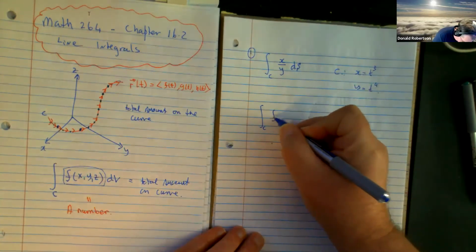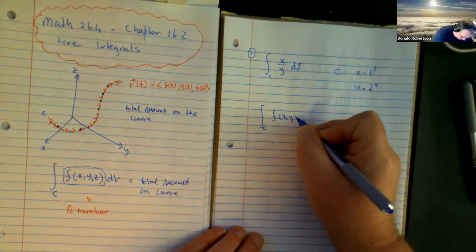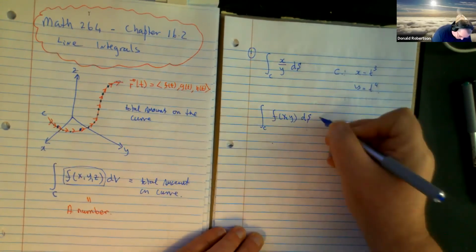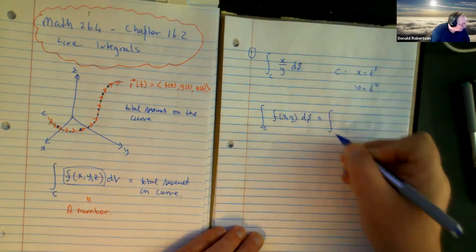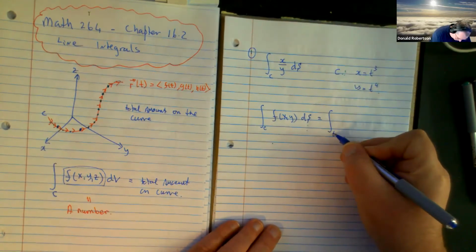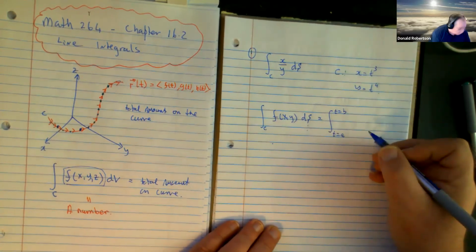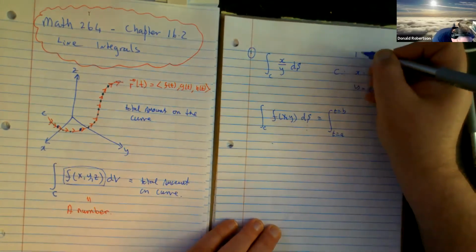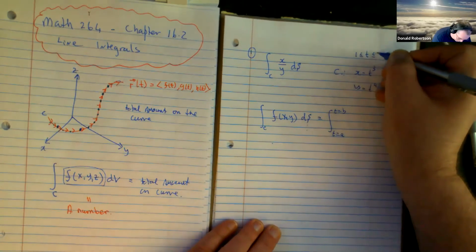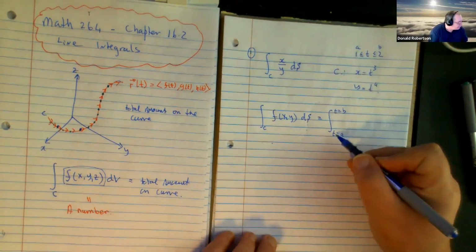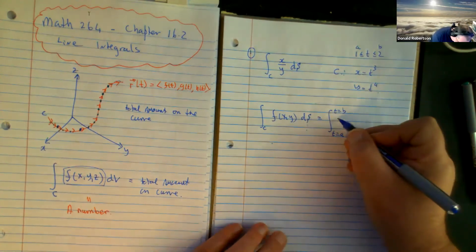So the generic version is the integral of the function ds over some region, and it will now become the integral from t equals a to t equals b. Oh, by the way, in this question, t is going from 1 to 2, so that's basically a and b.